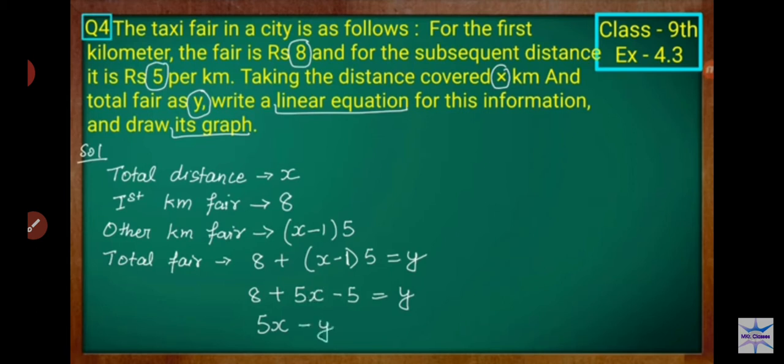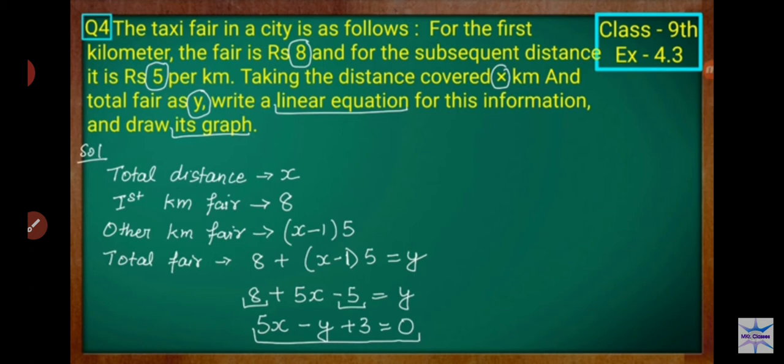So it becomes 8 plus (x minus 1) into 5 is equal to y. So what is your equation? Total distance is x and total fare is y. Okay, so you have to solve this equation. 5x minus y plus 3 is equal to 0. This is your equation, and in this equation you have to find the value of x and y.